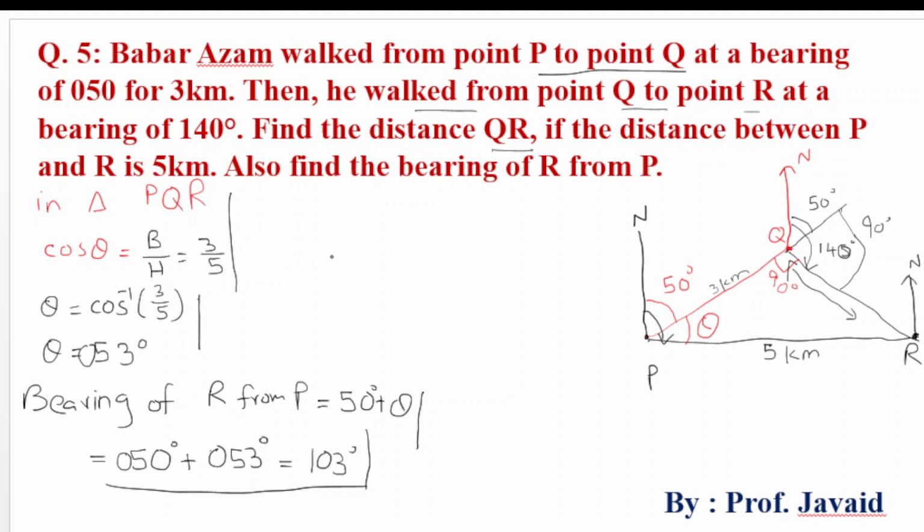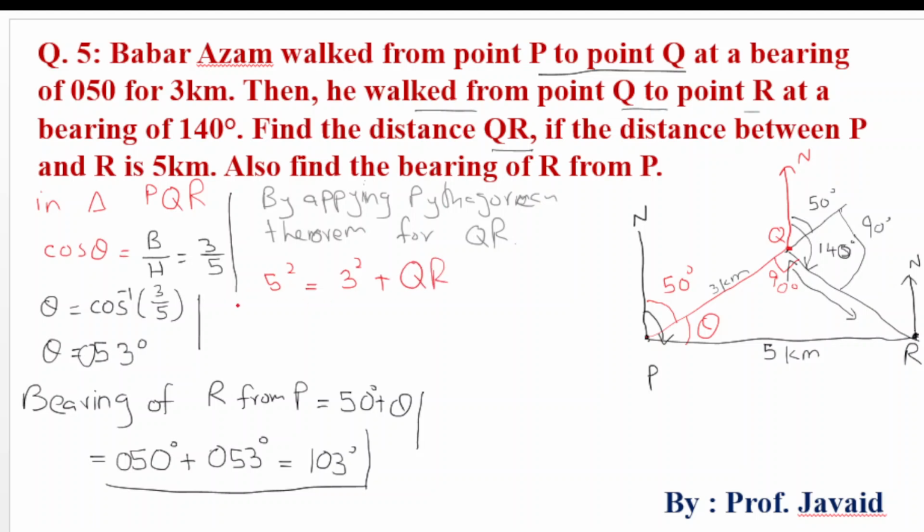By applying Pythagorean theorem for QR, 5 square is equal to 3 square plus QR square. 5 is hypotenuse, this is base and this is perpendicular.